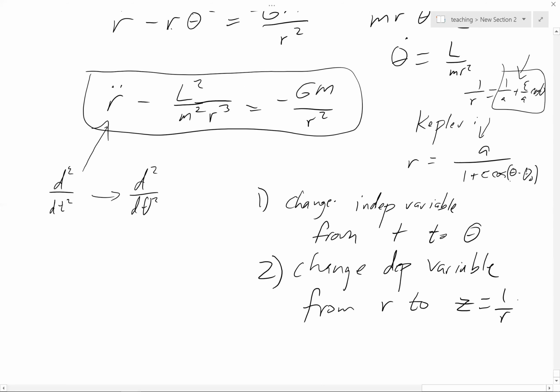All right. Okay. Well, let's talk about changing the independent variable first. Normally that's a little tricky to do, but actually, because of this conservation of angular momentum, we can do this part really, really easily. That's almost our change of variable right there.